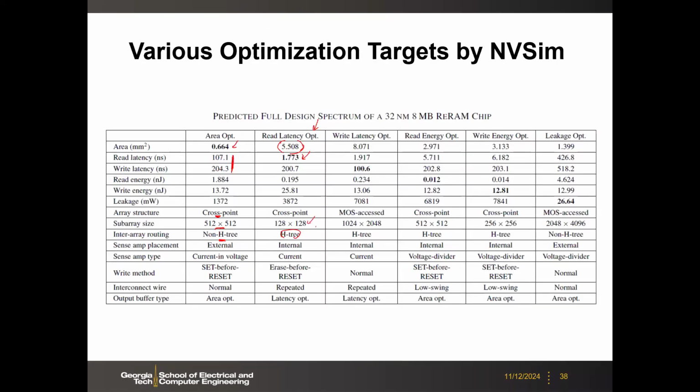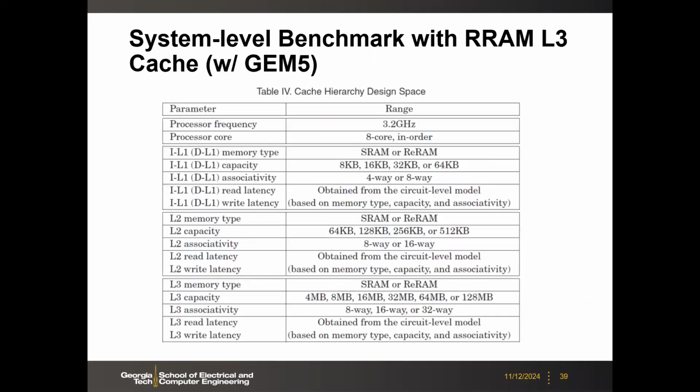So this is at the bank level, okay? You have the 8 megabyte SRAM cache. And usually when you talk to the computer architects, they want to understand the system level impact. So that's why usually they have to couple this kind of simulation to the gem5 simulator. If you have ever taken computer architecture courses, I don't know if Georgia Tech uses gem5 for the lab project or not.